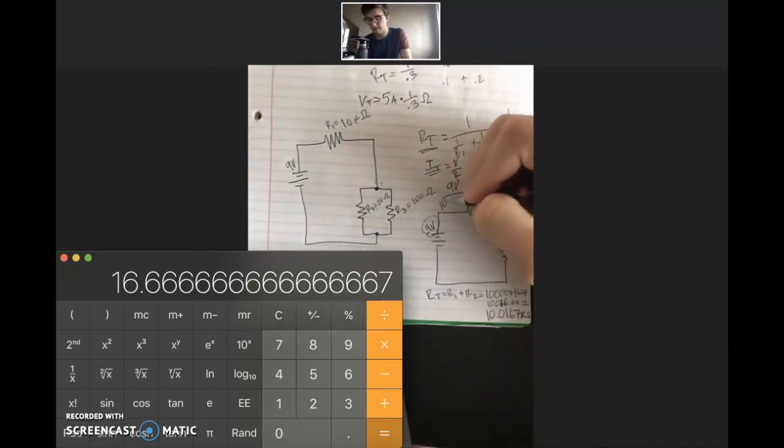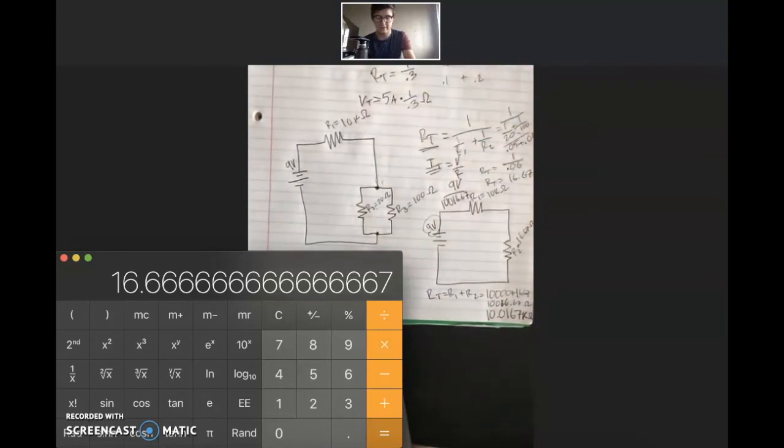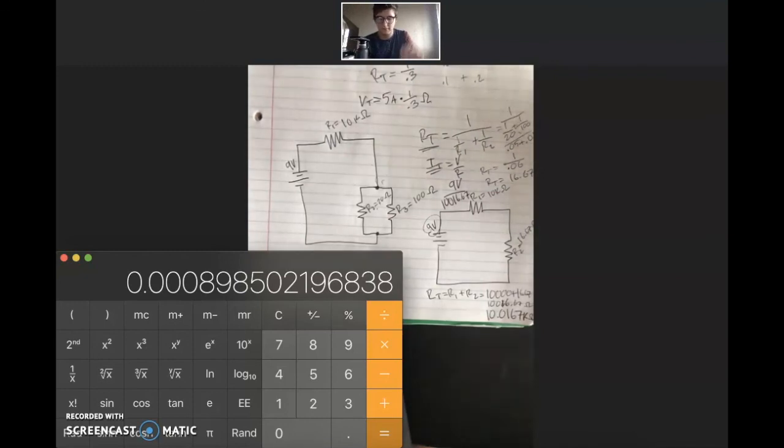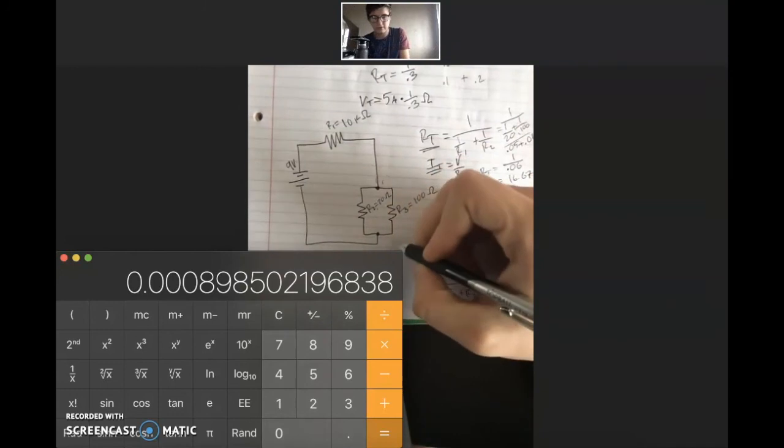So move that decimal place back to the right, 10,016.67. That's going to be a weird number, but that's okay. Yep, that's a wild number, but that's totally okay.